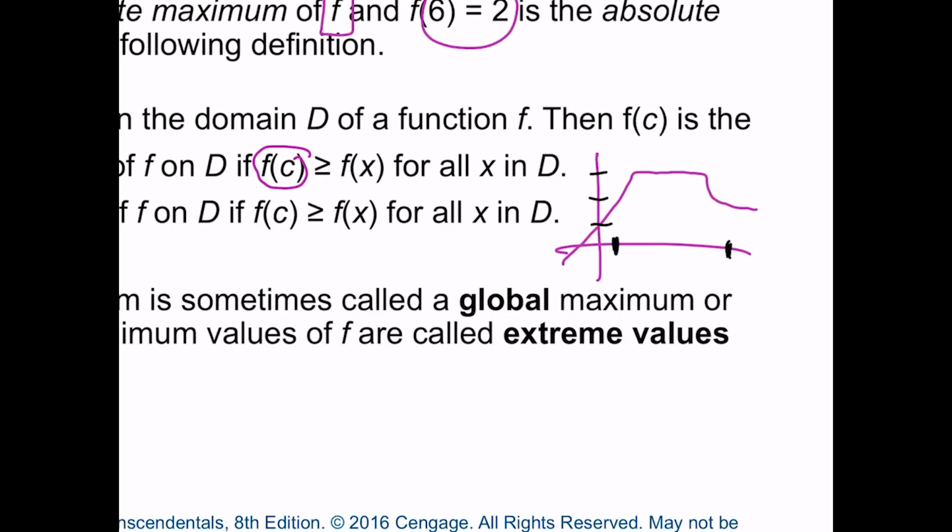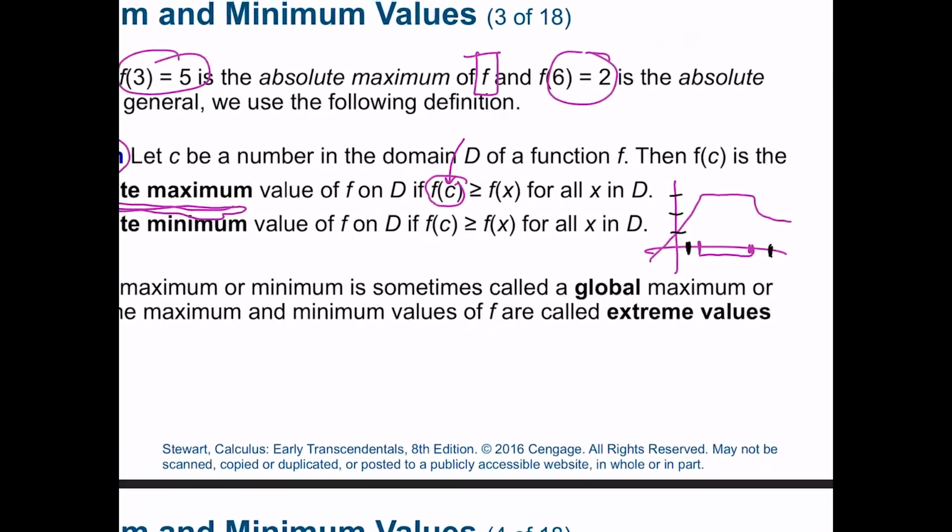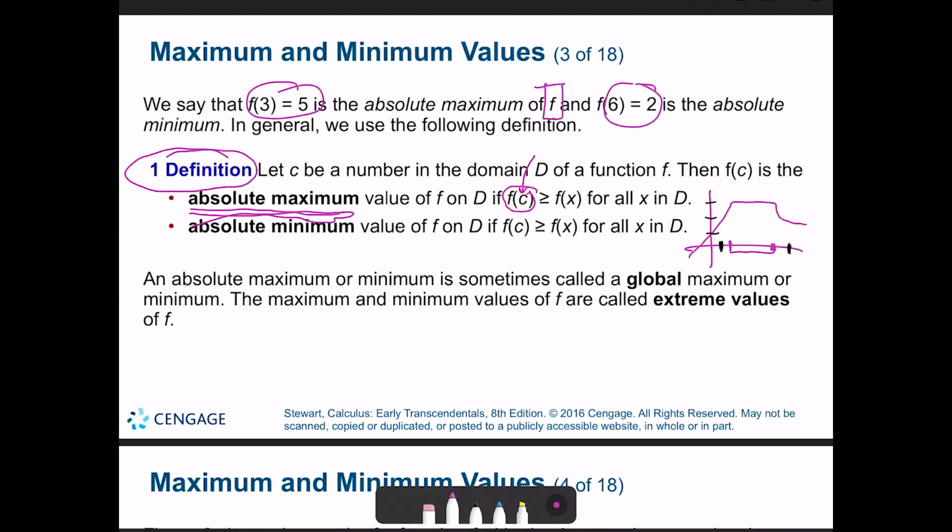Now, when does it happen? Does it happen at one distinct c value or at one distinct x coordinate? No, it happens for a whole bunch of different x coordinates, all the x coordinates from here over to approximately here. But that doesn't change the fact that there's only one absolute maximum, one absolute largest y value present. And we could have the same kind of conversation about absolute minimums.